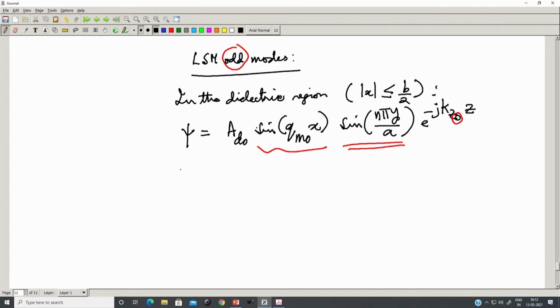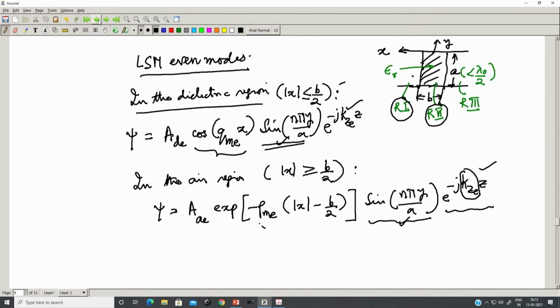In the air region, so, please note here in this case that the air region, mod x greater than or equal to b by 2, refers to both the region 1 and region 3, because for both the cases mod x is greater than b by 2, okay, because mod x is positive.